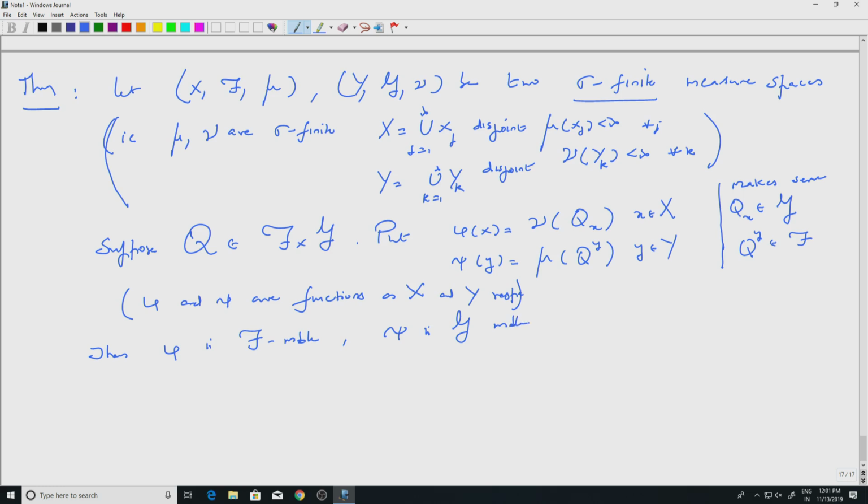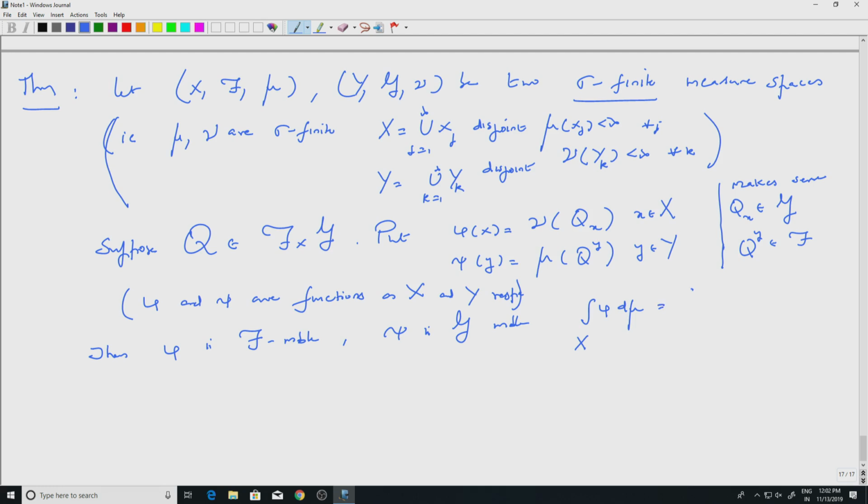Moreover, the integral over X of phi d mu makes sense, because phi is f measurable and mu is a measure on the sigma algebra, so this is a well defined integral. Moreover, these are all positive functions, because mu and nu are positive measures, so both phi and psi are positive.